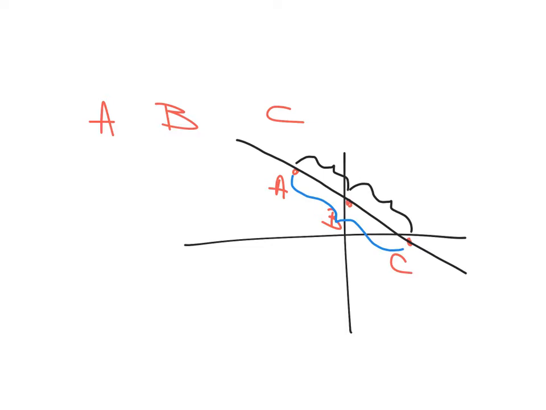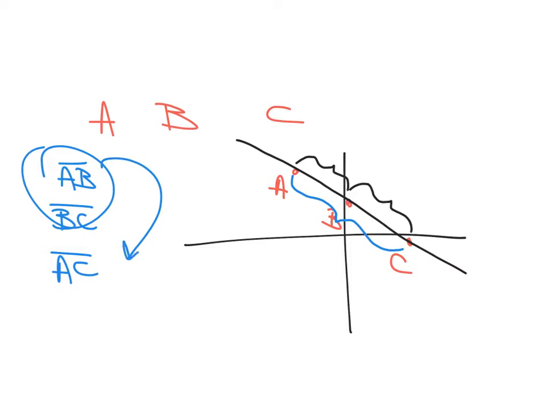We'll use the distance formula to find the distance between A and B, and between B and C, and then we'll find the distance from A to C. If these two add up to be equal to that distance, then they're on the same line, and in this case, yes, it did.